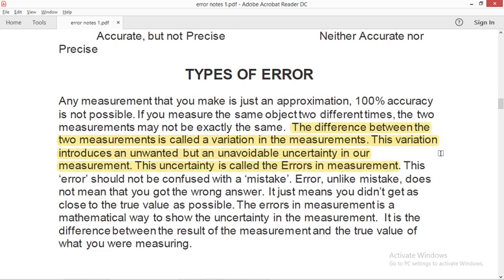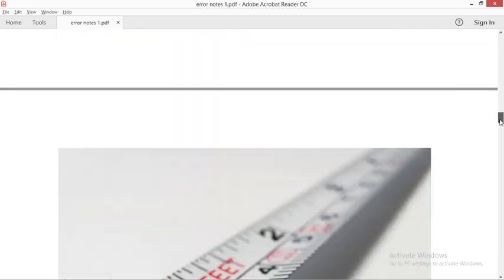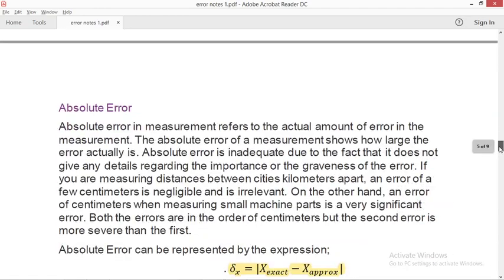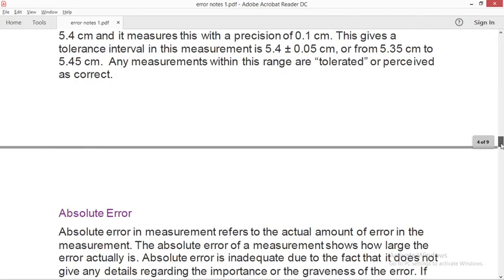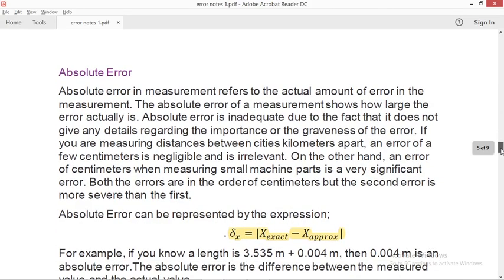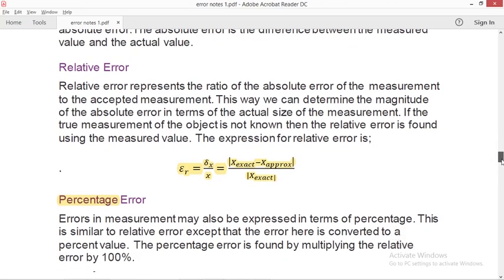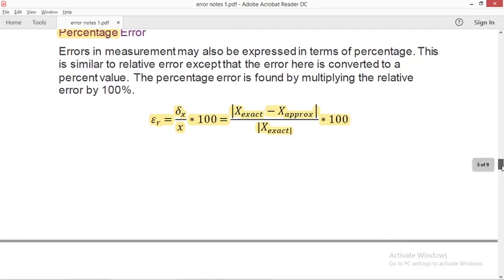So the highlighted part is nothing but the definition of error. You can either take a screenshot right now, or maybe I'll share this PDF with you later. Now about the types of error, we discussed how to find the types of error. And then there was absolute error, the formula, relative error, the formula, percentage error, which is relative error into 100.